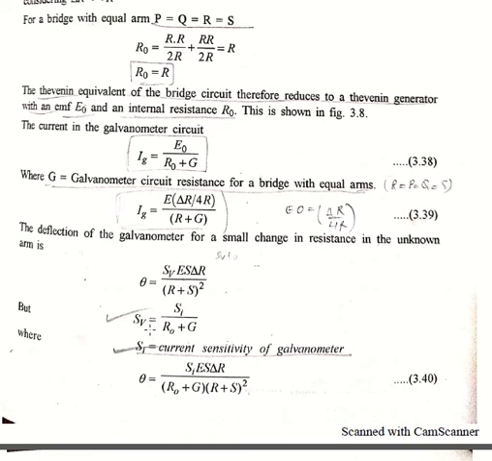SV equals SI divided by (R naught plus G). So theta will be equal to SI E delta R divided by (R naught plus G) multiplied by (R plus S) whole square. We have put the value of SV in our previous theta, the deflection of the galvanometer.